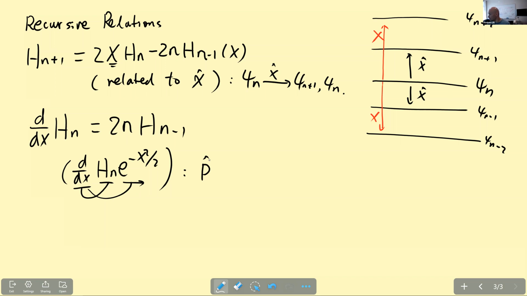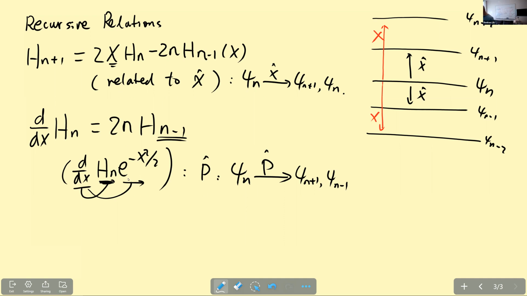So that means if you have cosine m and you apply this momentum operator, you will also get a cosine m plus 1 and a cosine m minus 1, even though here you only have m minus 1. But because the differential of this one has two terms, it's acting not only on this, but also on the Gaussian function, okay?